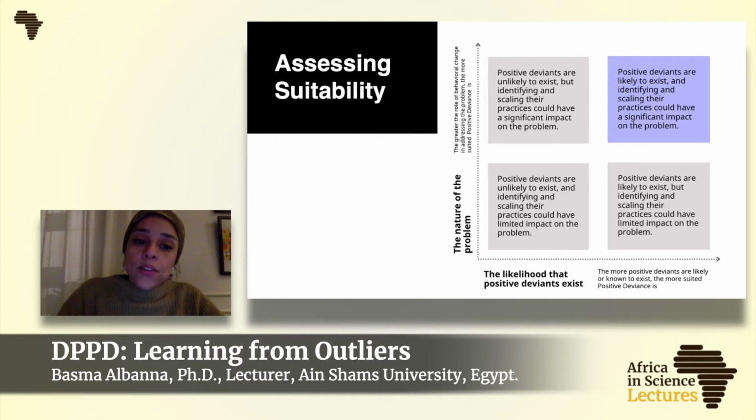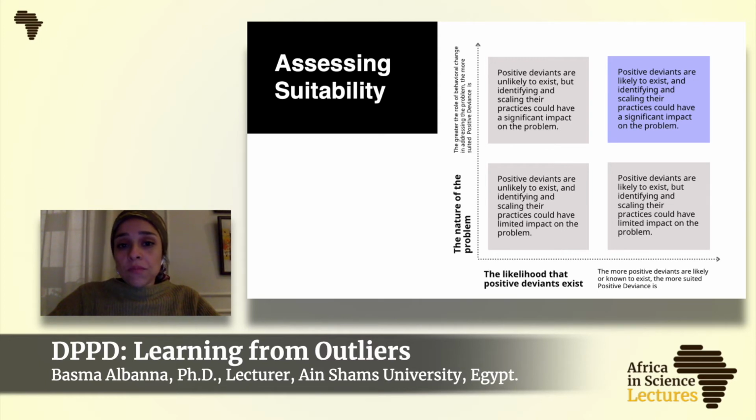The second key question is to ask, are there positive deviants? Are you aware of any of them? Are they known to exist? If the answer to this question is yes, then this is also a problem that you can lend to the positive deviance approach.